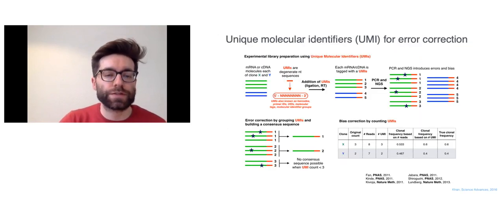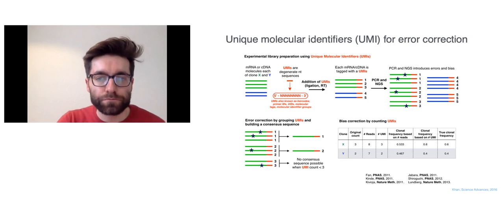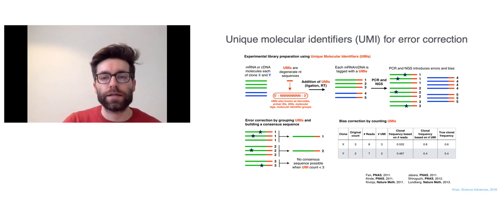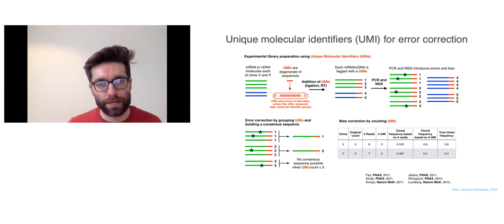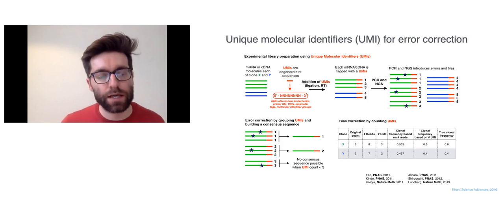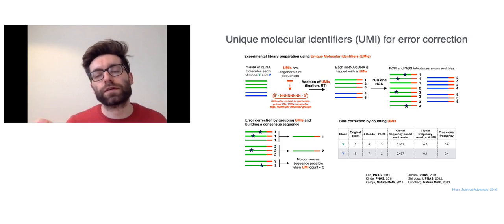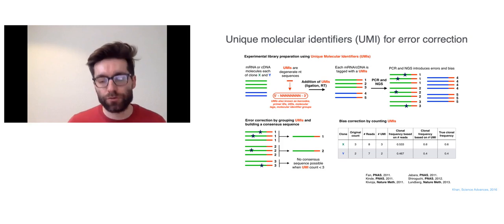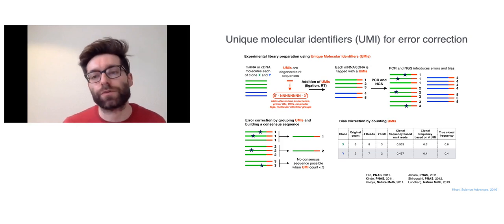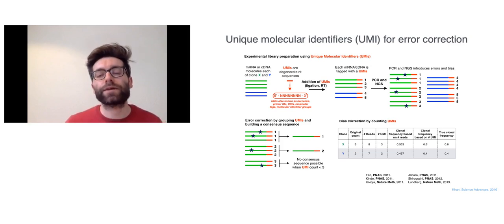So how this works is shown on the upper panel. You put a sequence tag on the cDNA, for example, and then in the data analysis step, you look at all the sequencing tags or UMIs that tag the same cDNA, and then you merge them together, building a consensus read.